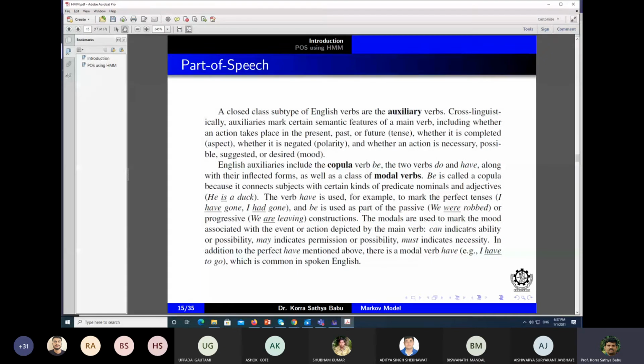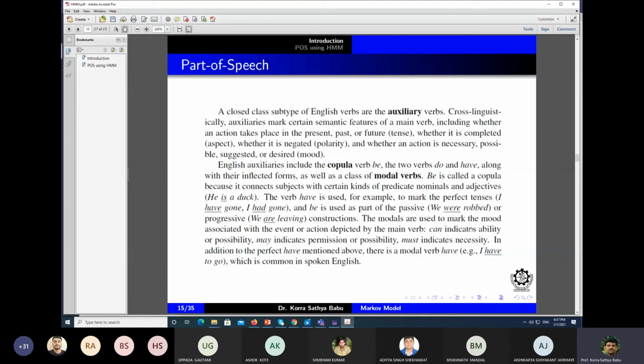Okay, I hope you all know all these parts of speech, right? These parts of speech are very common to you, and this is just a brush up of all the things that you have studied earlier. This is a reminder for you, right?